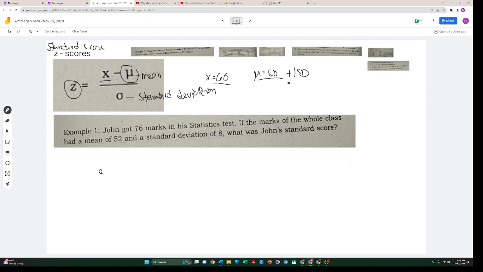Okay? Plus 1 SD ka, where your standard deviation is 10. So plus 1 SD. Okay?